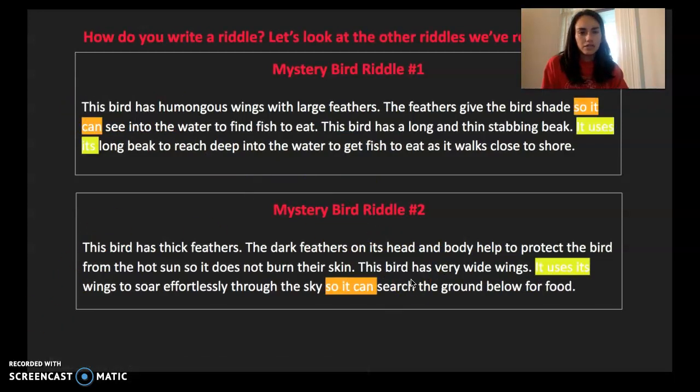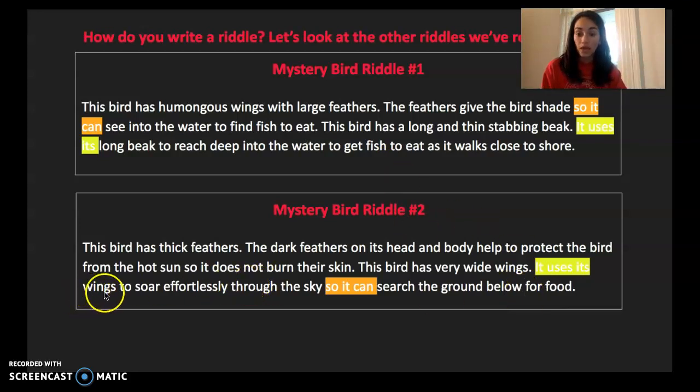I also noticed that we have two other phrases that were used. "So it can." This says the feathers give the bird shade so it can see into the water to find fish to eat. The words "so it can" tell us what the feathers do for the bird. You see that down here too.